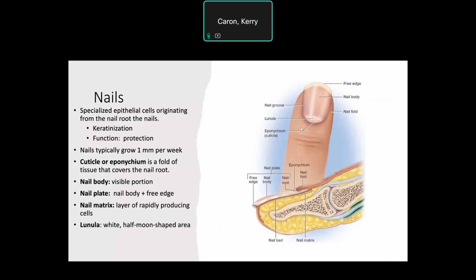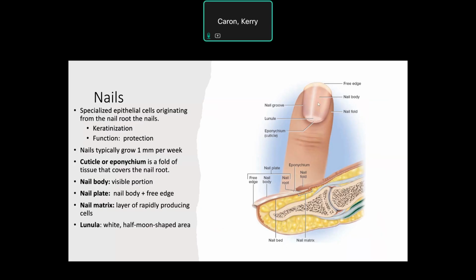There is the cuticle. You may have heard cuticle before, and that's the fold of skin that covers the nail root. Eponychium is the technical word for that, eponychium, cuticle, okay? You've got the nail body, which is the visible part that you think of as your nail.